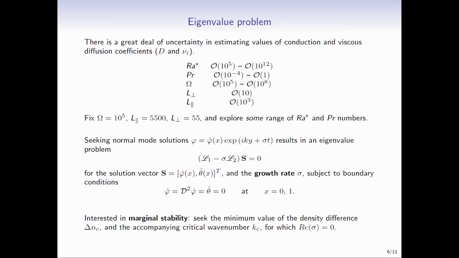But to gain analytical insight, we're going to formulate a simpler problem. We do that by noting first that these boundary conditions are formally equivalent to the stress-free fixed temperature boundary conditions of the convection problem. This is the idealized case where solutions to the convection problem take a simple sinusoidal form, and you can write down the analytic expression for the stability threshold.